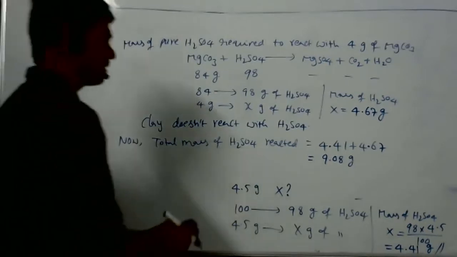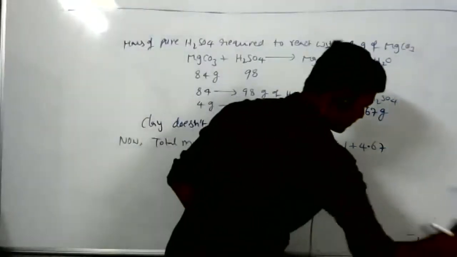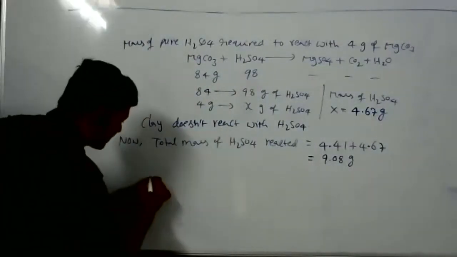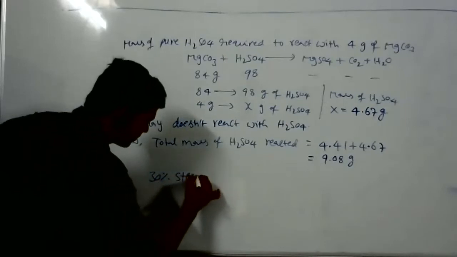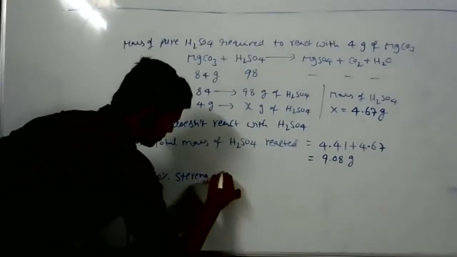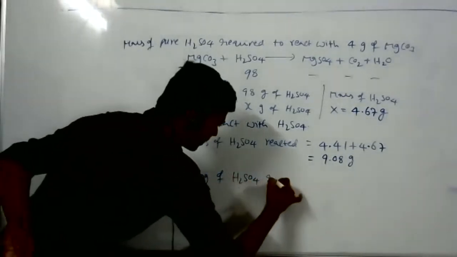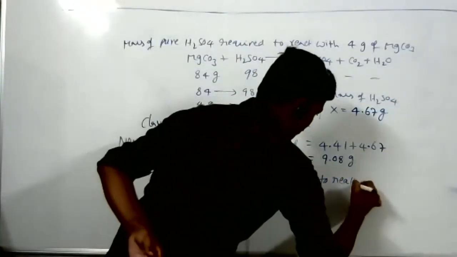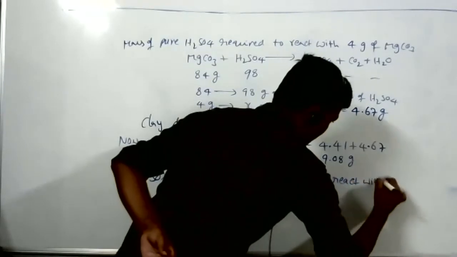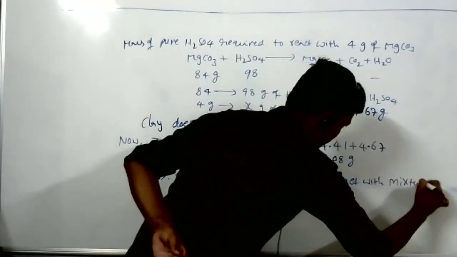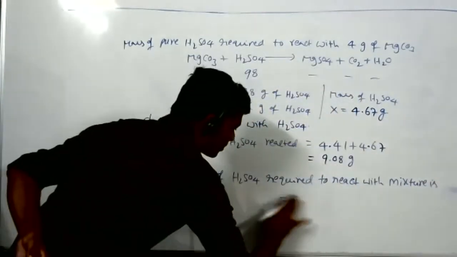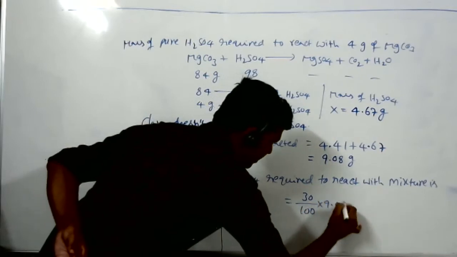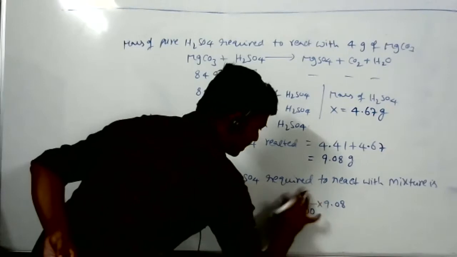So how much is required? The 30% strength H2SO4 required to react with the mixture is 100 by 30 into 9.08.